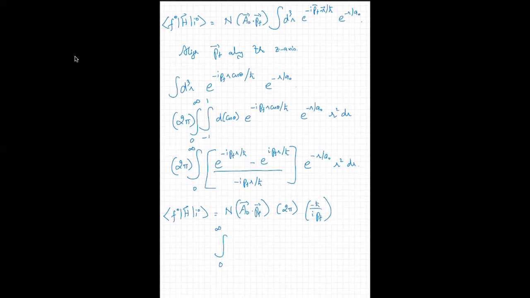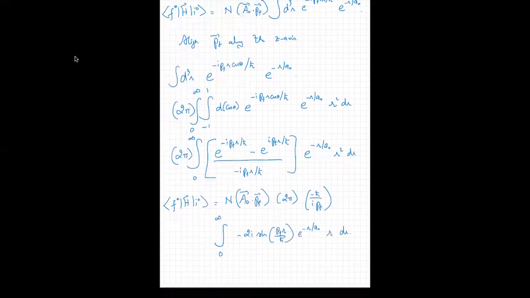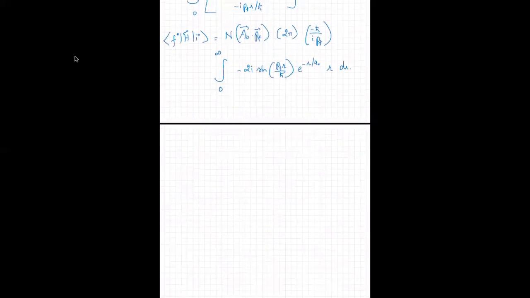This is basically minus 2i sine Pf r over h bar, e to the minus r over a0. There is one factor of r square here and a factor of r in the denominator here, so that takes care of one factor of r in the numerator. This integration, though difficult, can be done using usual techniques, and I will simply quote the result.